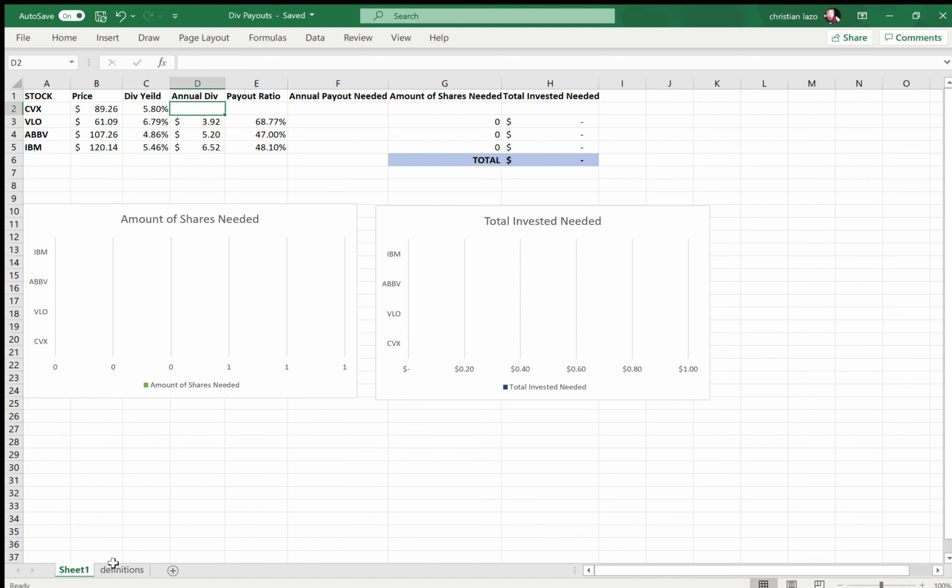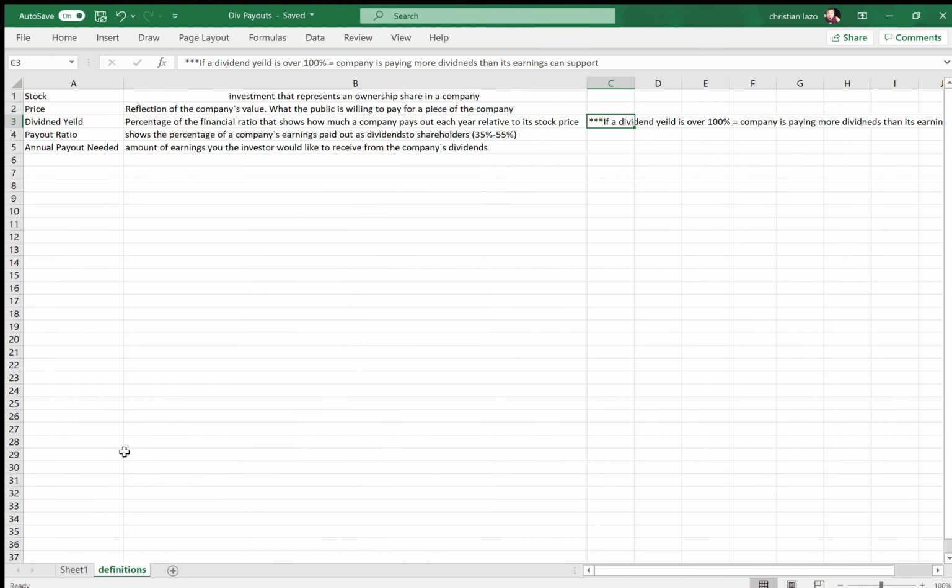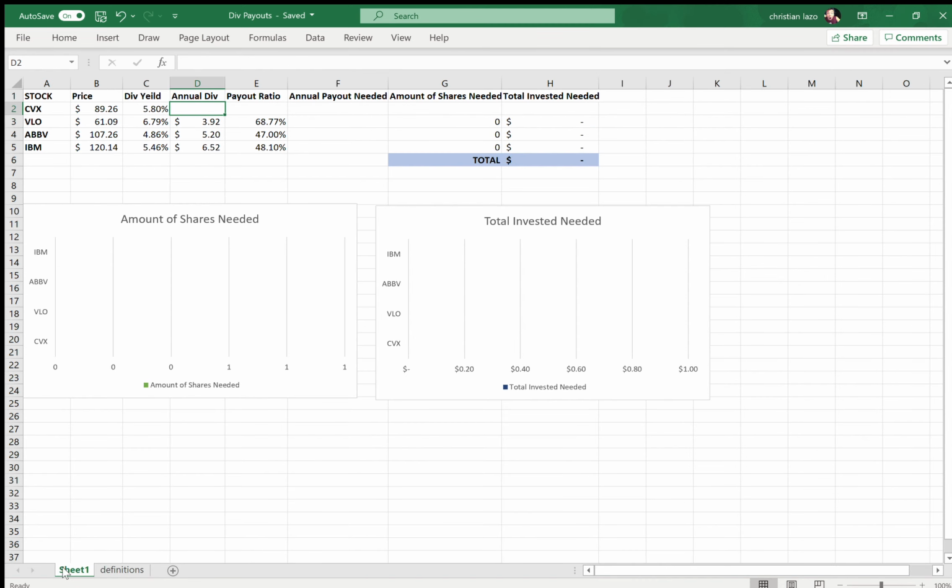Now we're going to move to the next tab, which is annual dividend. Annual dividend is how much the stock pays in dollars. So how much does Chevron pay in dollars? It's going to be $5.16.